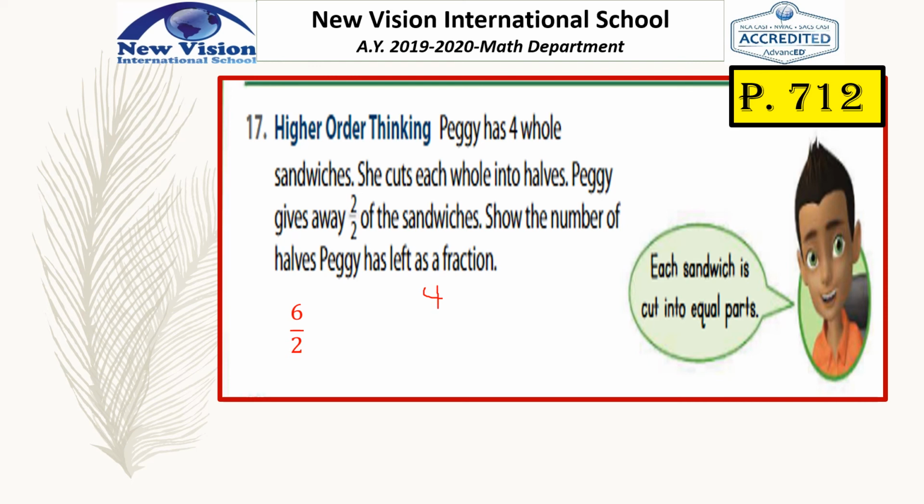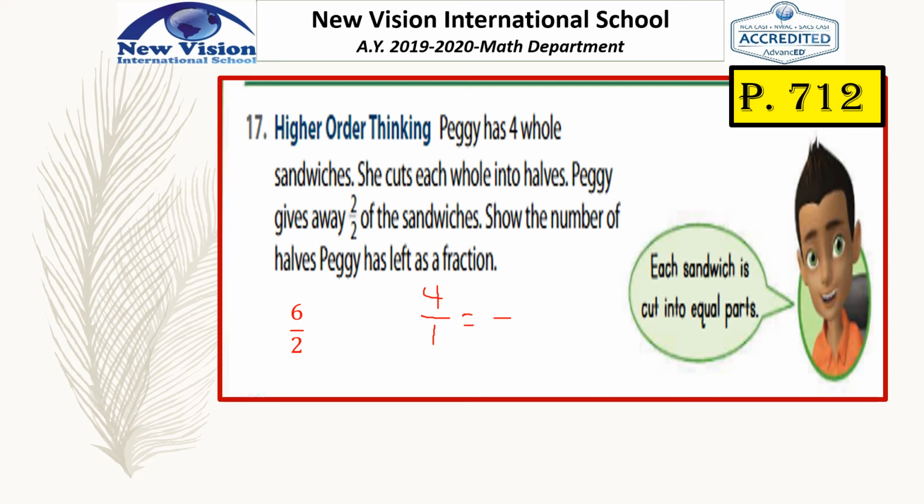And if you're going to put 4 wholes into a fraction, we're going to say 4 over 1. Always remember, 4 over 1 is just the same as 4 wholes. Do you understand? Okay, so we're going to find the equivalent fraction for 4 over 1.